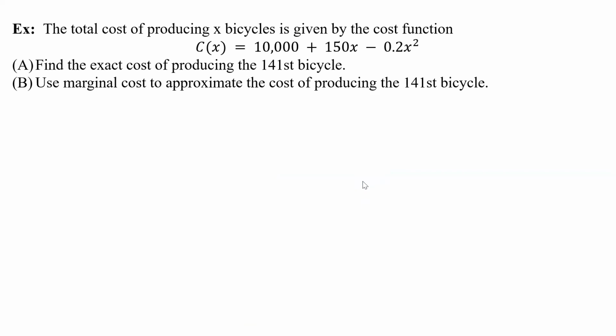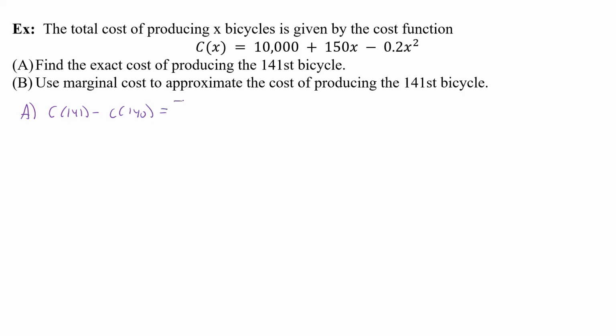All right, so here it says the total cost of producing x bicycles is given by our cost function C of x equals 10,000 plus 150x minus 0.2x squared. We want to find the exact cost of producing the 141st bicycle, and we want to use marginal cost to approximate the cost of producing the 141st bicycle. Well, the first one is going to be a little harder because we have more work to do. We have to plug in more stuff. So here we're going to take C of 141 minus C of 140.